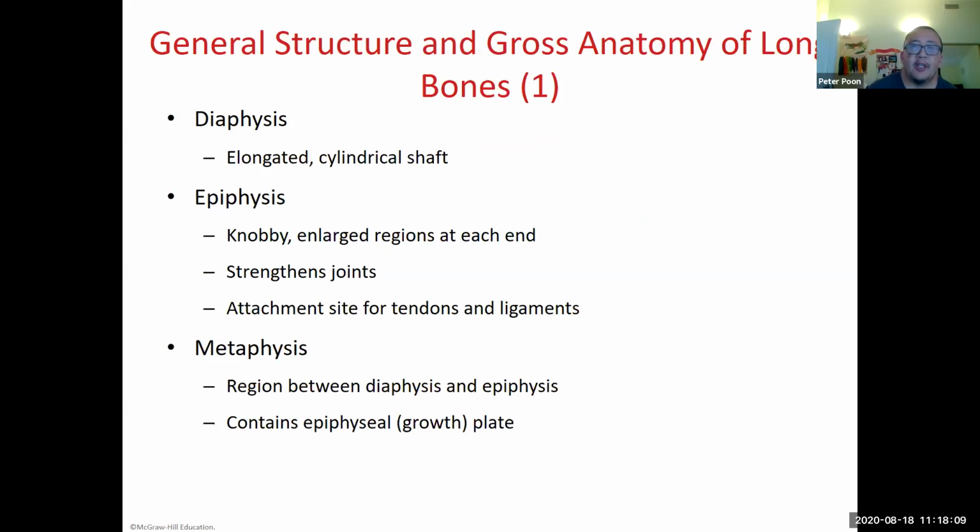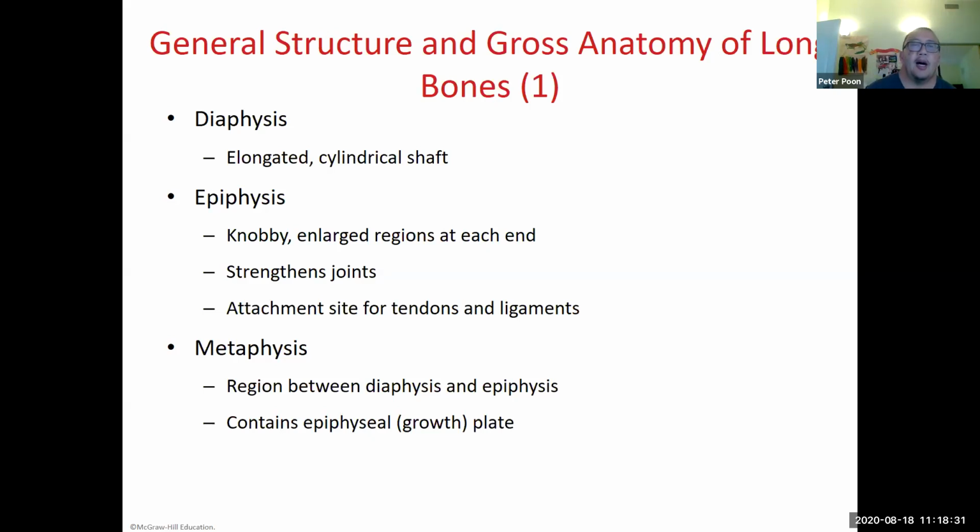The general structure of a long bone has three parts: the diaphysis, the epiphysis, and the metaphysis. The diaphysis is the middle of the bone. It's commonly known as the shaft. The two ends are the epiphysis.